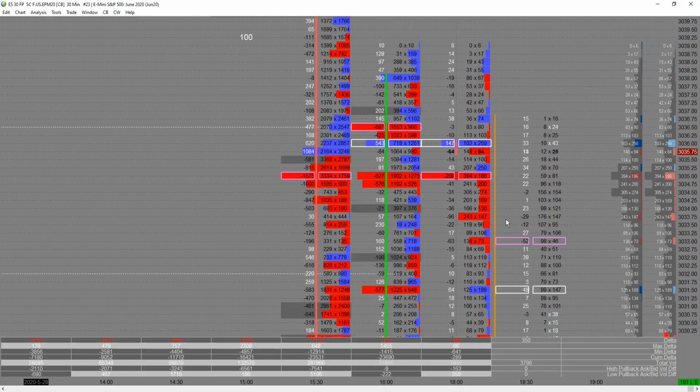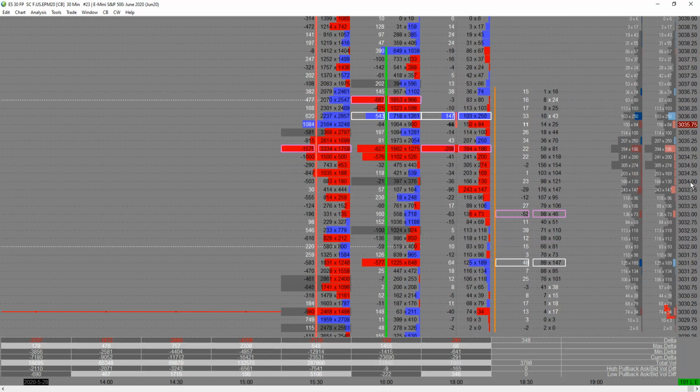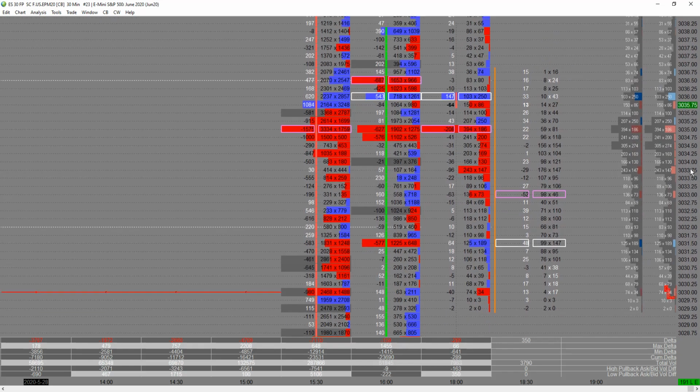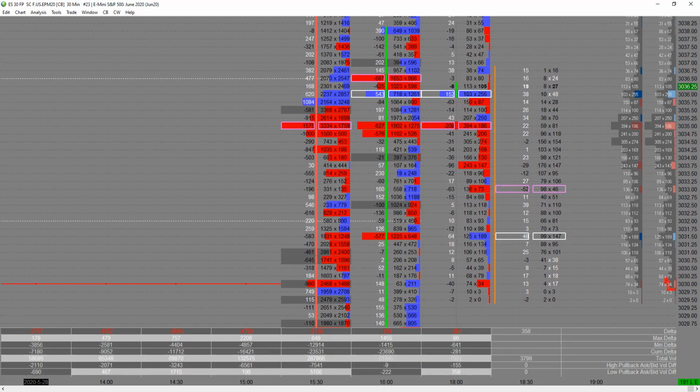If we trade below this zone, bears could get control. That's my basic range analysis with footprint. I don't pay a lot of attention to the deltas and the maximum deltas around here. At some point it becomes too much information, and too much information is tough to act on.